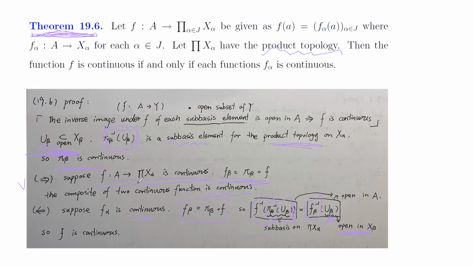And because we have assumed that f alpha is continuous, this whole thing, f beta inverse of U beta, is open in A. Right, because A is the domain.